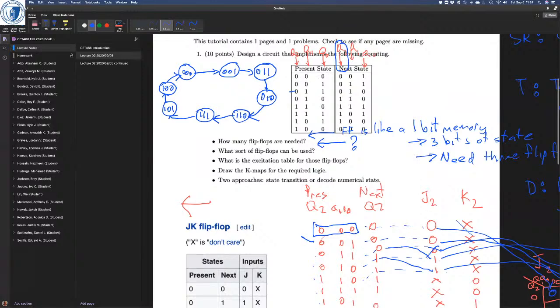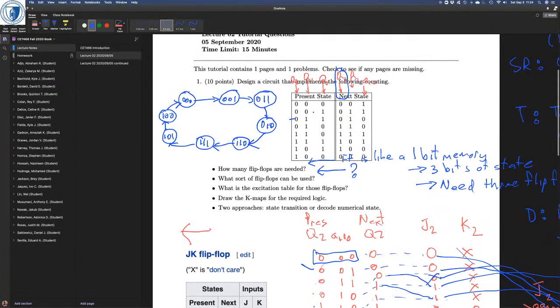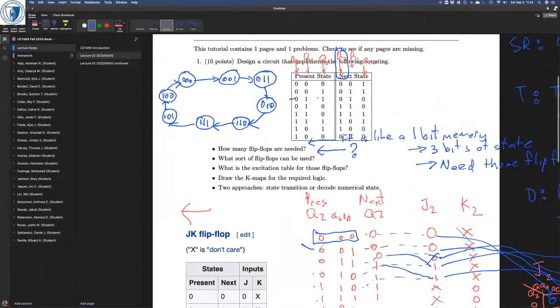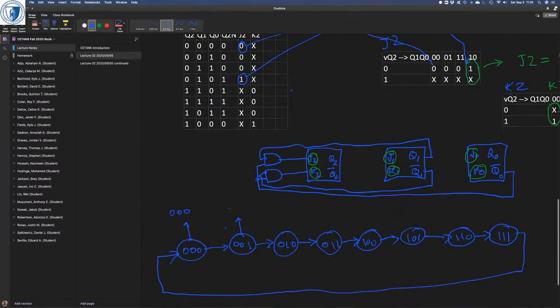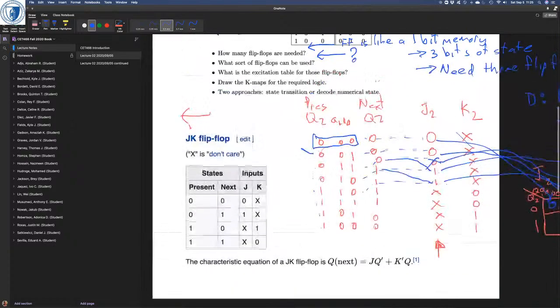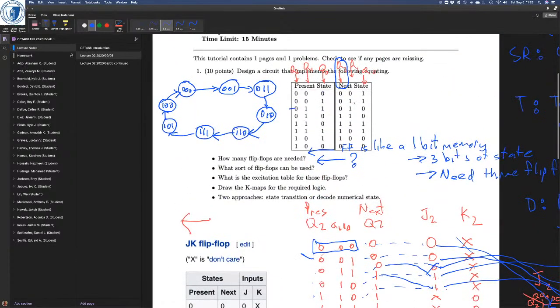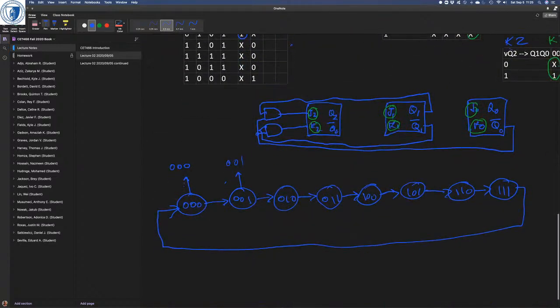When I'm in 0,0,0, that's my state, and I just output 0,0,0 directly. When I'm in 0,0,1, I output that directly, so that's 0,0,1. The next transition though... actually let's try that again, sorry.